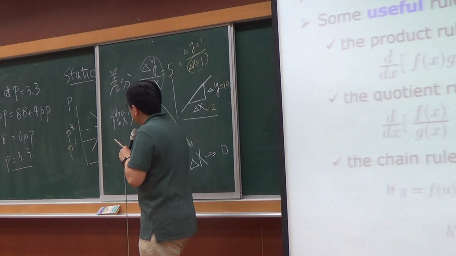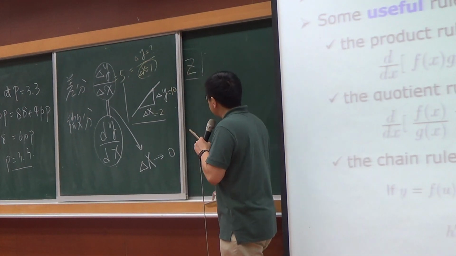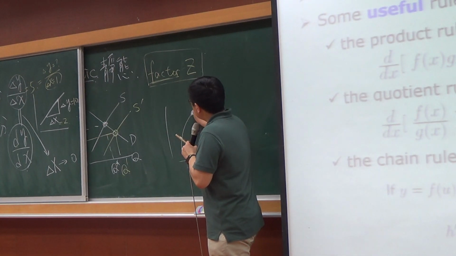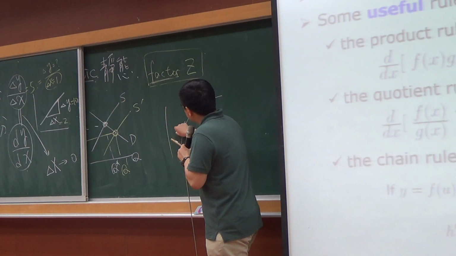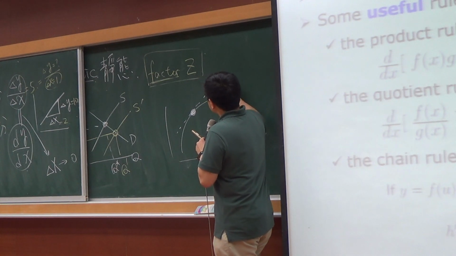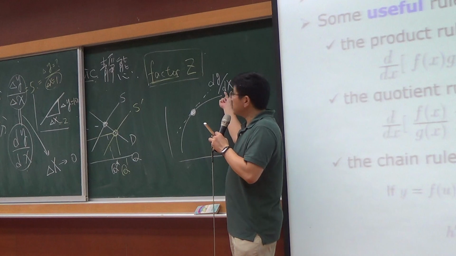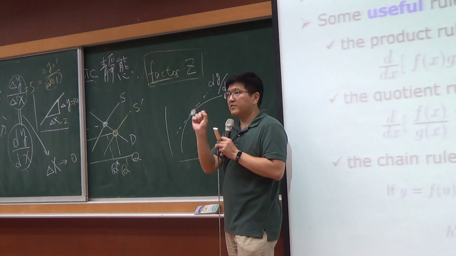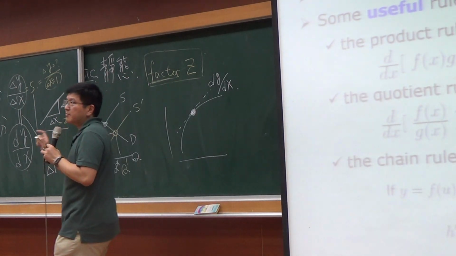And if the curve is a straight line, it would be perfectly the same. But if the curve looks like this, then at this point the slope of the tangent line would be dy over dx, because here the difference of x is very, very tiny. Okay? So it's basically the same thing.